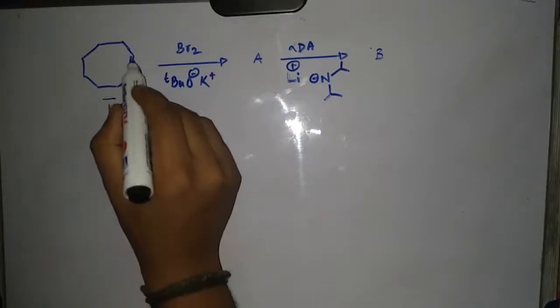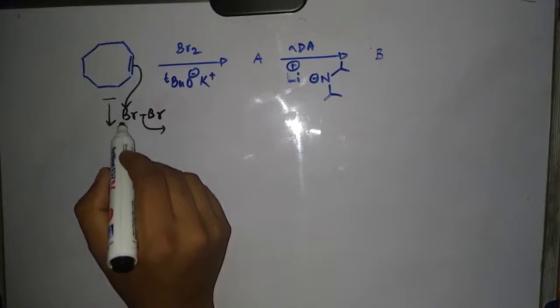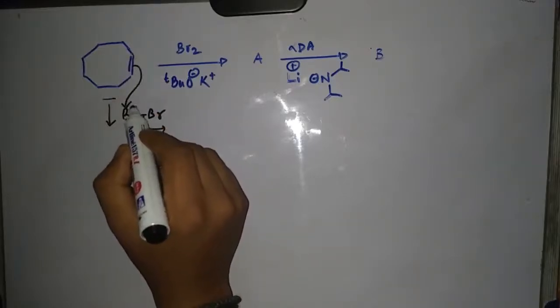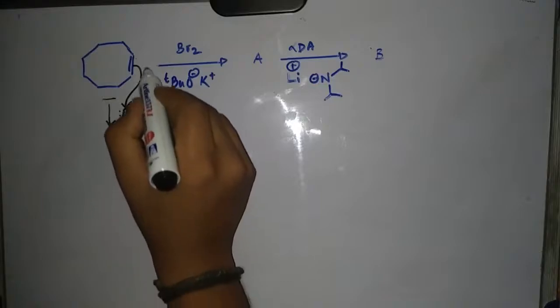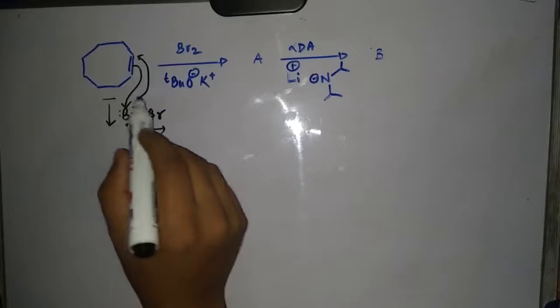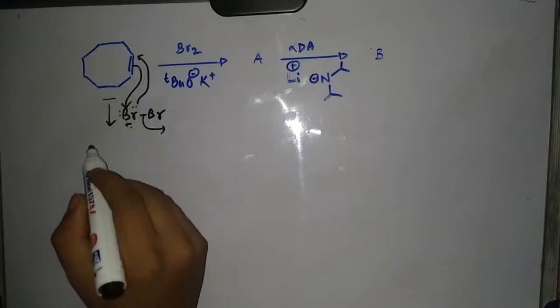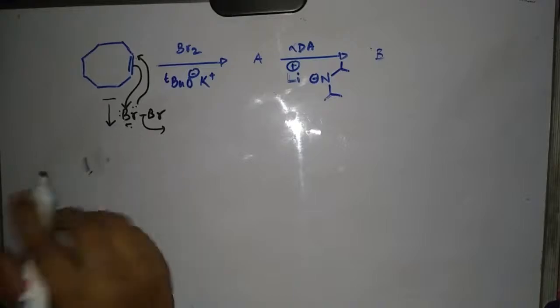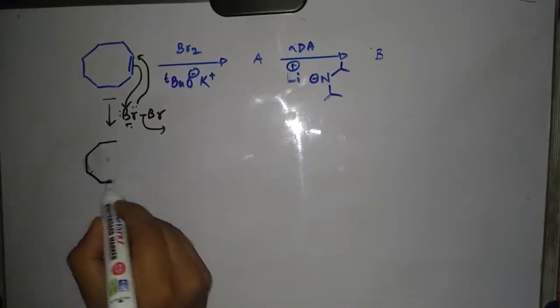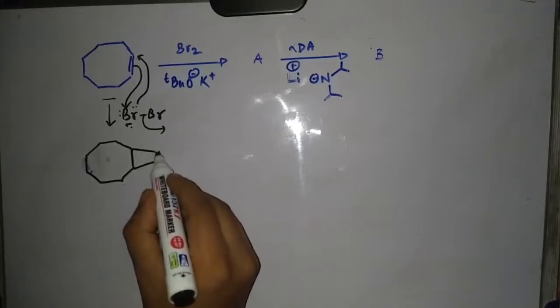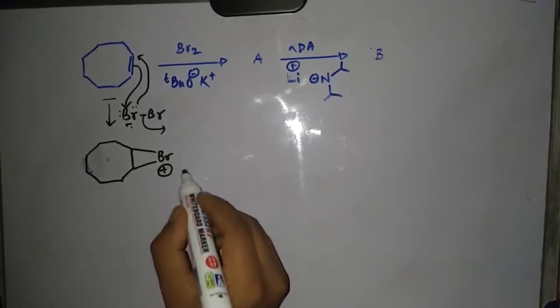After giving its pi bonding electron, a carbocation will form, and this bromine lone pair will donate to this carbocation and form a bromonium ion. These two processes happen simultaneously, so we will get a bromonium ion and a Br minus.